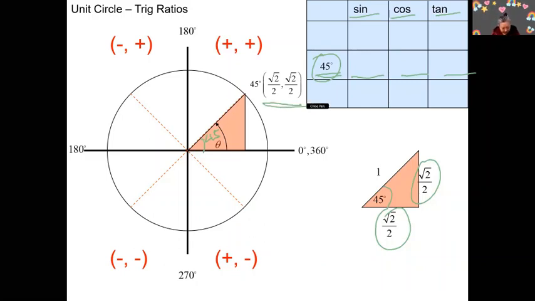The adjacent leg is radical 2 over 2, and the opposite leg is radical 2 over 2. Then the hypotenuse is also 1. The sine will be radical 2 over 2, and cosine is also radical 2 over 2. Then tangent will be 1, because tangent is opposite over adjacent.